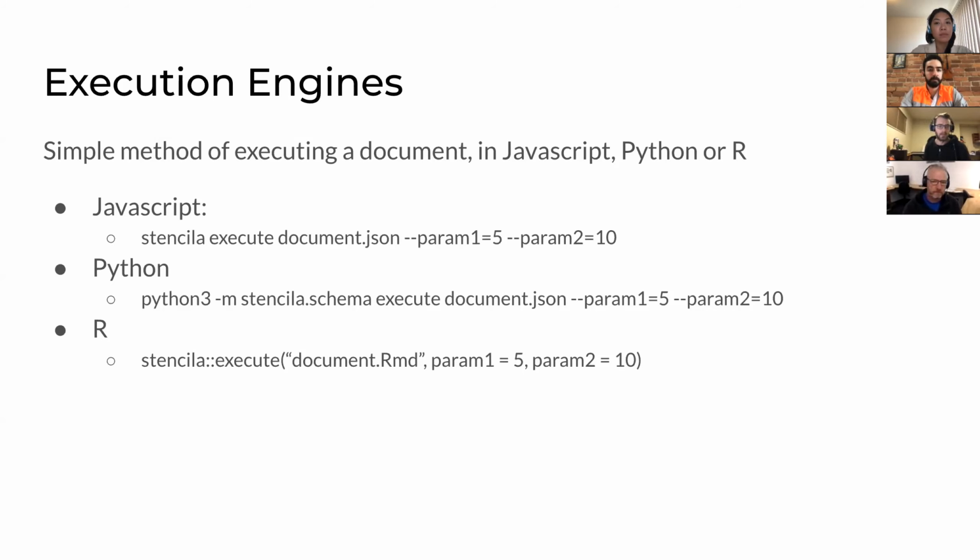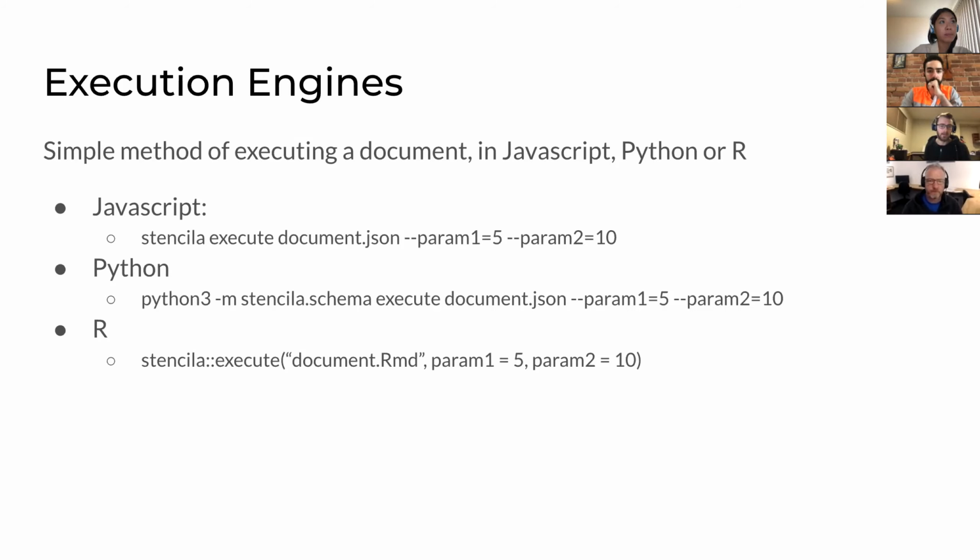The way that they're used is fairly similar. This is an example for JavaScript of calling it from the command line. We can do Stencila execute a document and pass in a couple of parameters. For Python, again, this is how you'd execute that same document from a command line, and it would only execute the Python piece of the code in there.